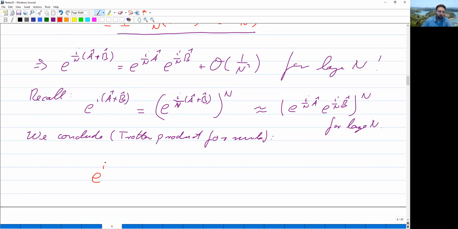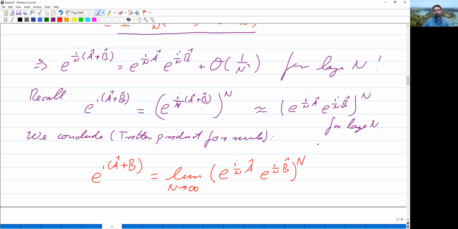e to the power of i, â plus b̂ is equal to the limit n to infinity, when all of this becomes exact, of e to the power i over n â, e to the power of i over n b̂, to the power of n.